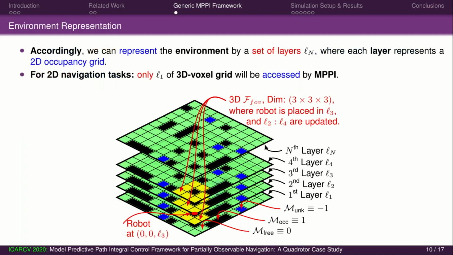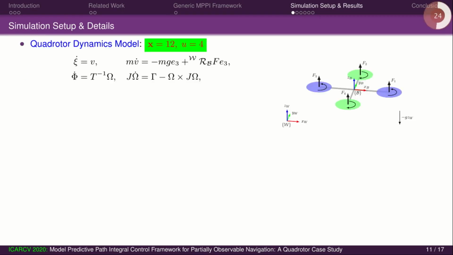For example, for a 2D navigation task, only the first layer of the 3D voxel grid will be used by MPPI, while in the 3D case, the 3D voxel grid is required for performing the collision-free navigation based on the position of the robot. Let me speak about the simulation setup and the results.